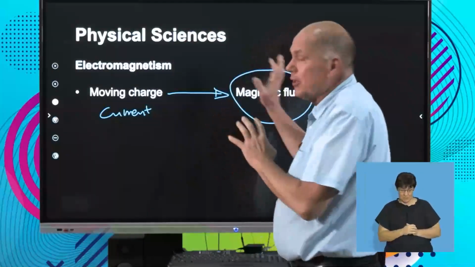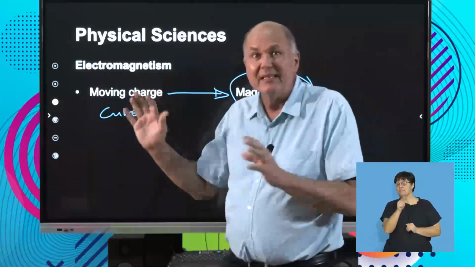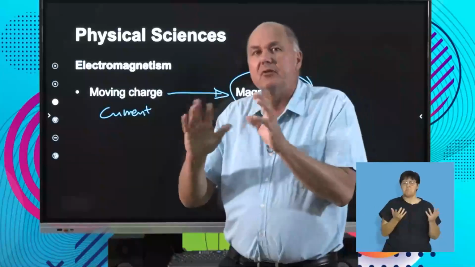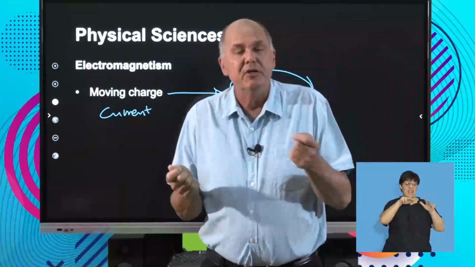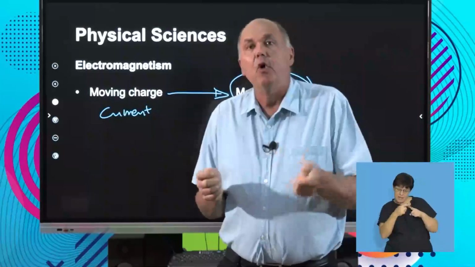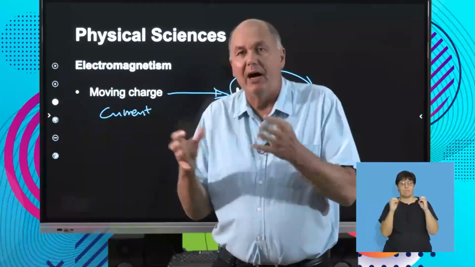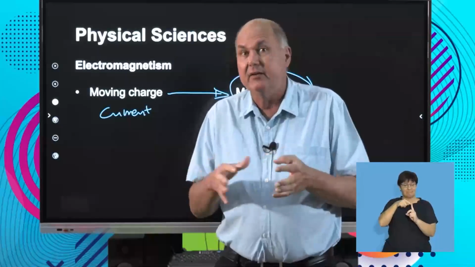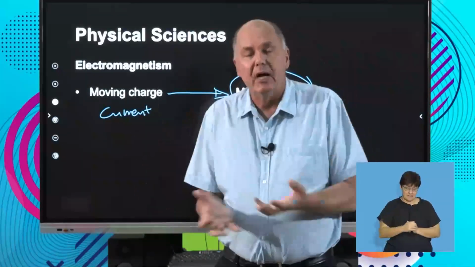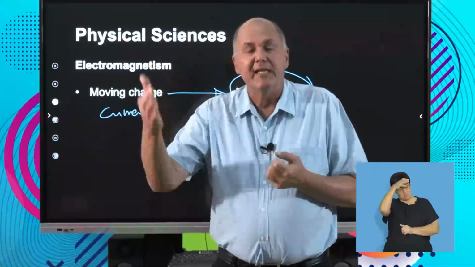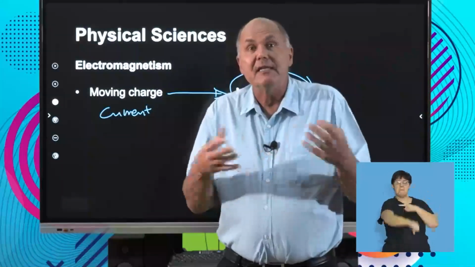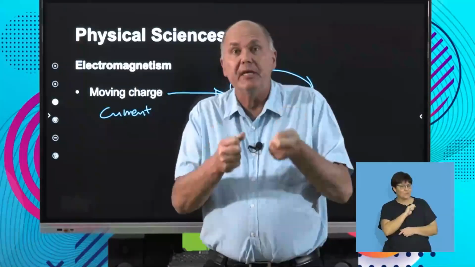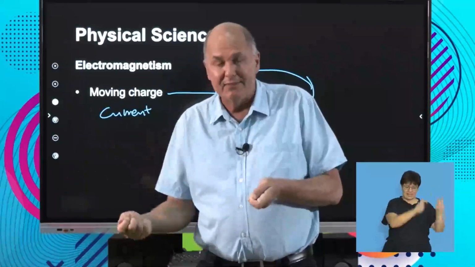Now, this was the state of affairs in the middle of the 1800s. Ørsted had been working out magnetic fields around a conductor. This physicist from one of the Scandinavian countries made a breakthrough in seeing that there was a relationship between electricity and magnetism.